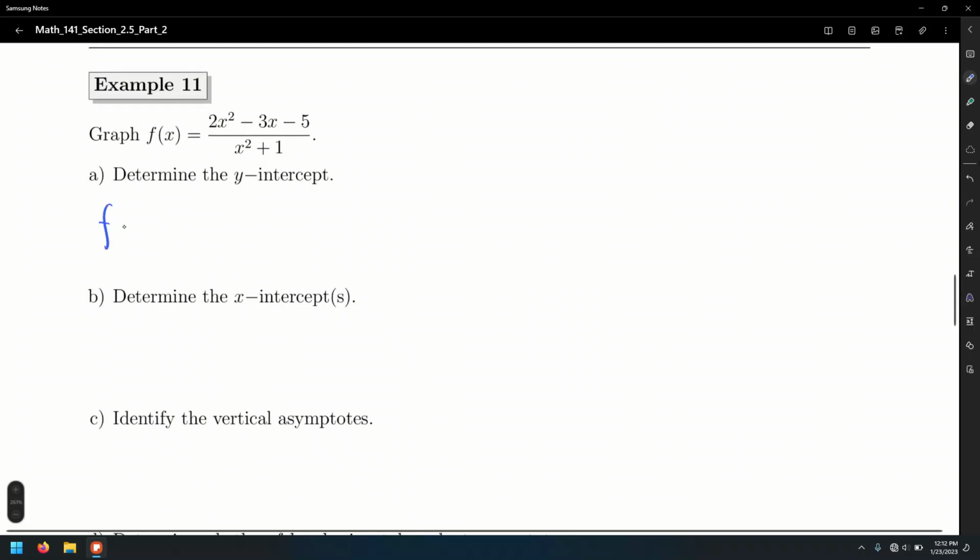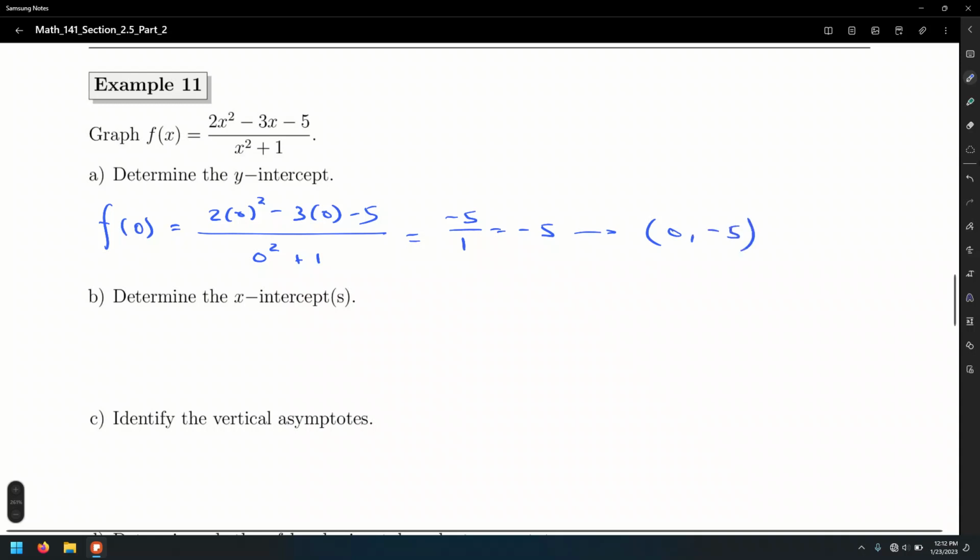In other words, f of 0 is 2 times 0 squared minus 3 times 0 minus 5, divided by 0 squared plus 1. That's going to give us 0 in the numerator, minus 5, that's -5 over +1. That's a -5, which gives us the ordered pair (0, -5).